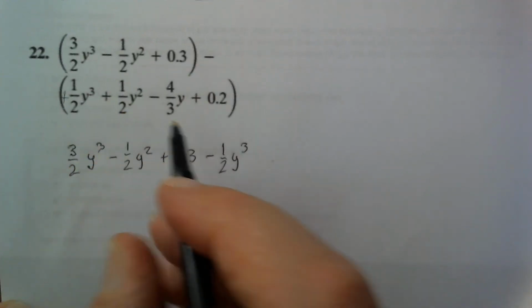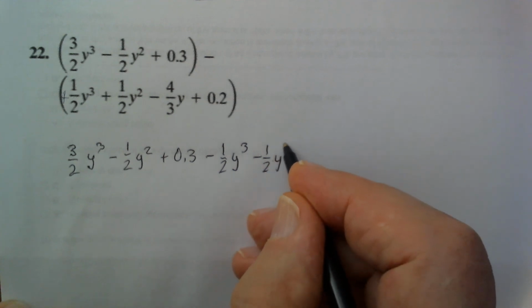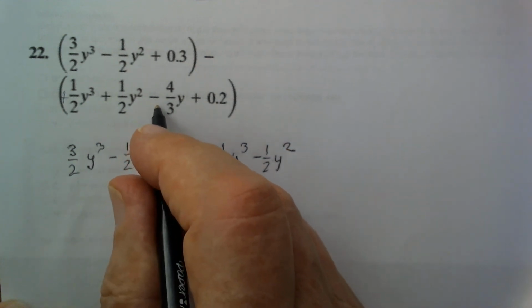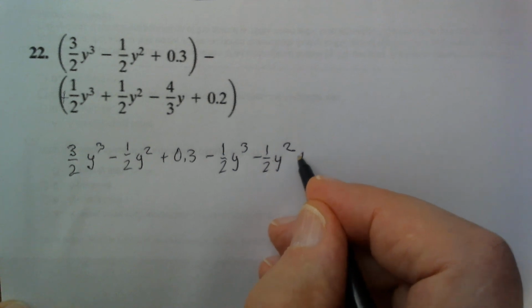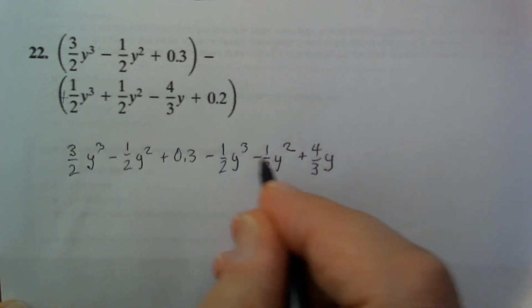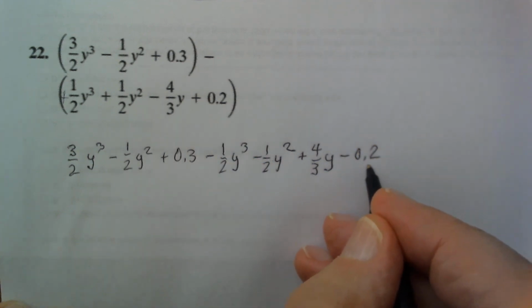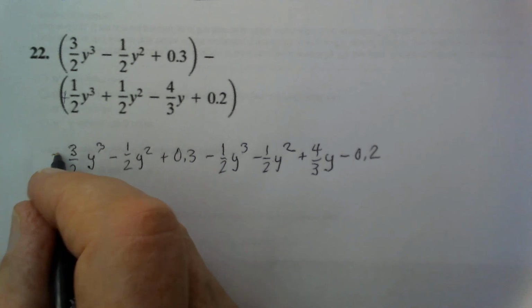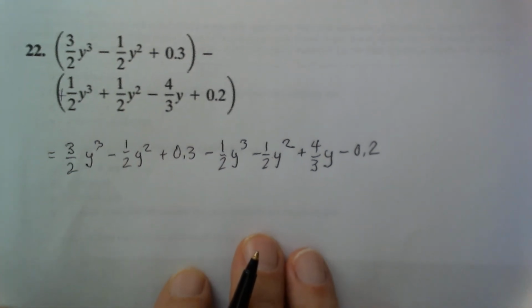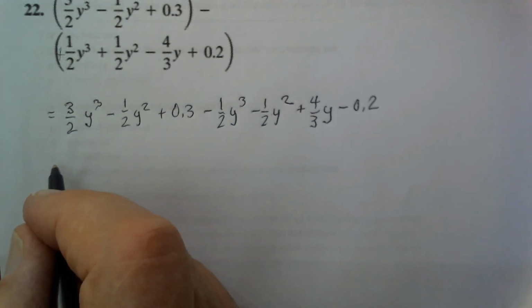And this becomes a minus 1/2 y squared. This becomes a positive 4/3 y. And this becomes a minus 0.2. Okay? So now we can look for like terms and write them next to each other.